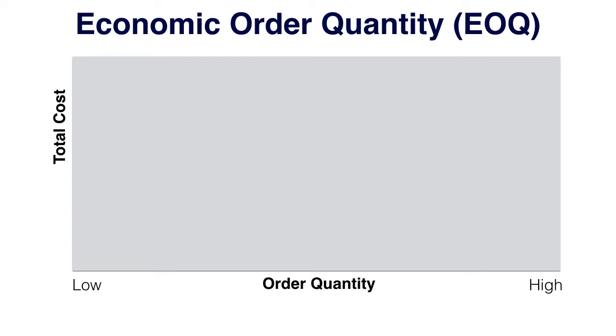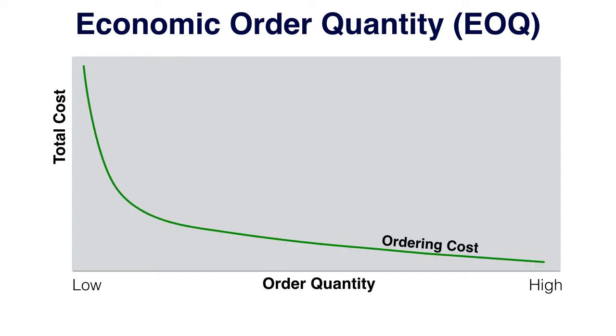Economic order quantity basically deals with the total cost with respect to the order quantity, and the ordering costs come down as you increase the order quantity. If you reduce the order quantity, the frequency of ordering increases, and therefore the ordering costs go very high, towards the left side of the curve, as opposed to high quantities where there is less ordering cost because you have too few orders.